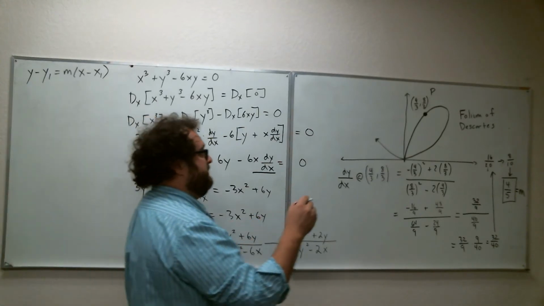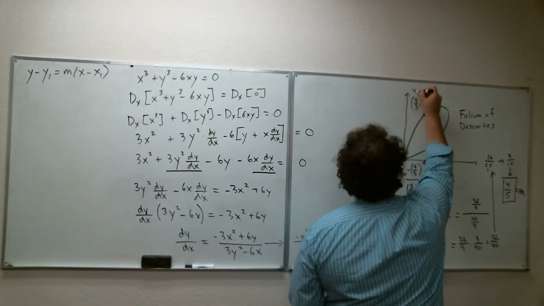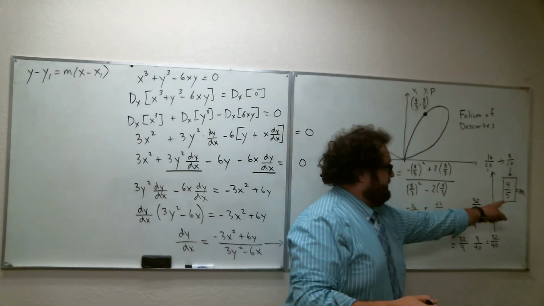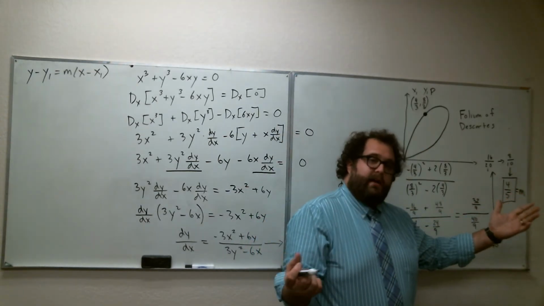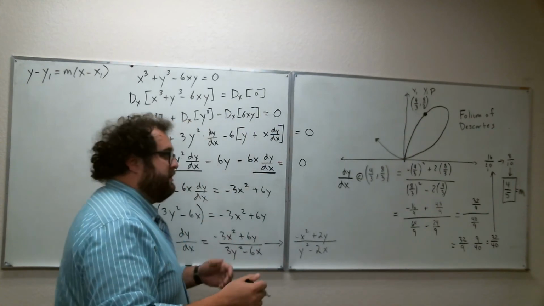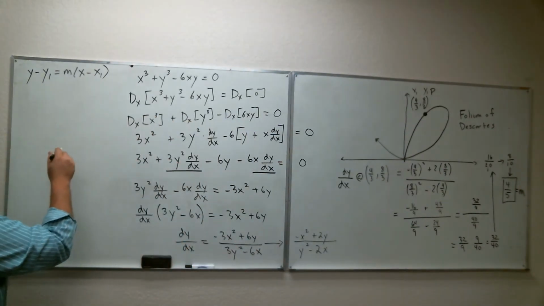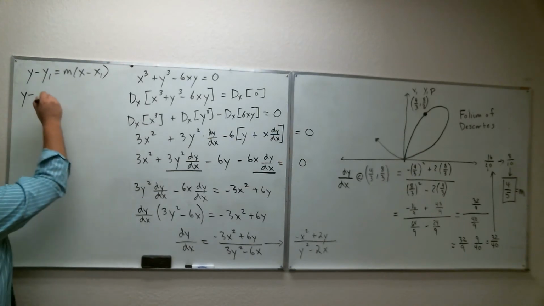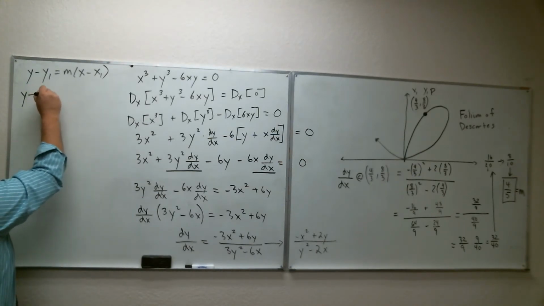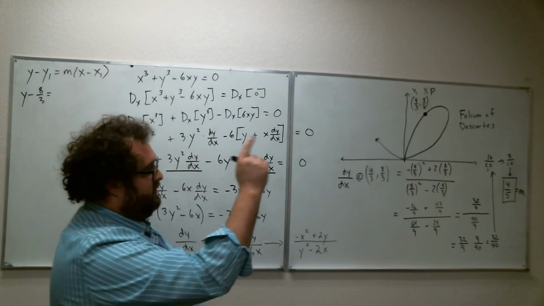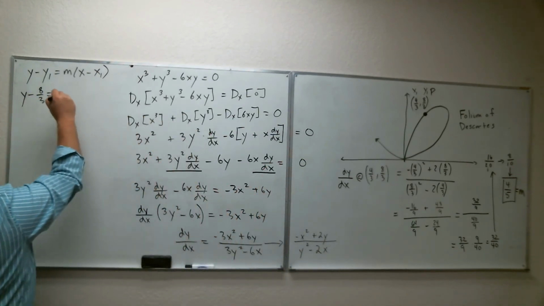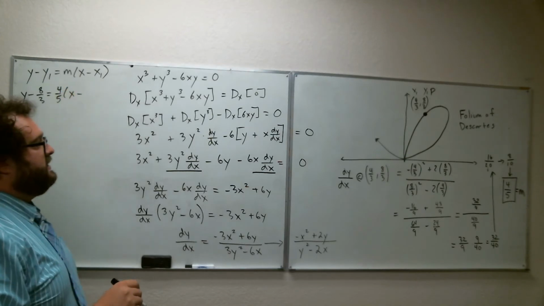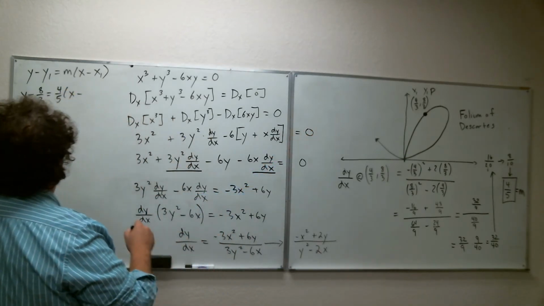Okay, if this is x1 and that is y1, that's our slope. We just need to plug in, do a little bit of simplification, and we're done. So y minus y1 is y minus 8/3 equals m, which is 4/5, times x minus x1, which is 4/3.